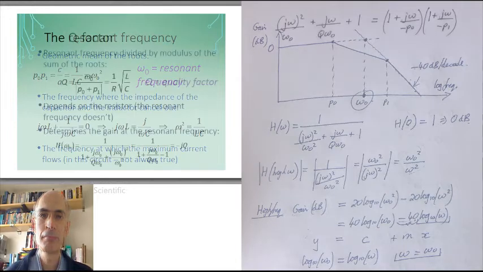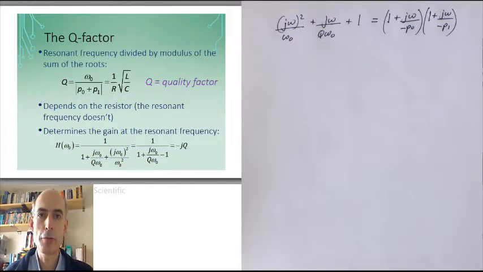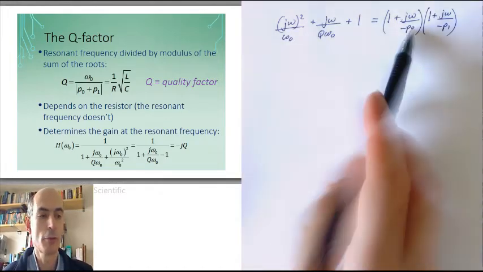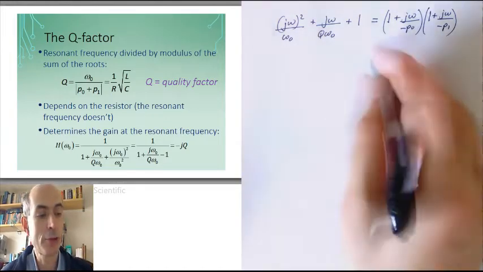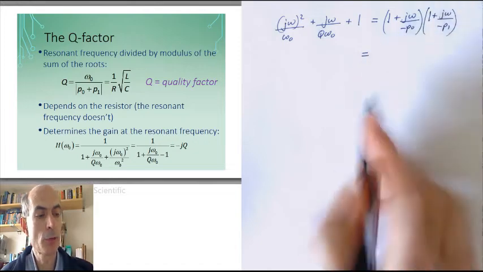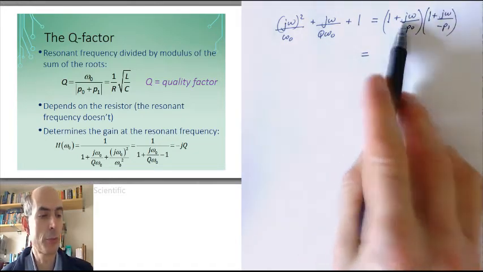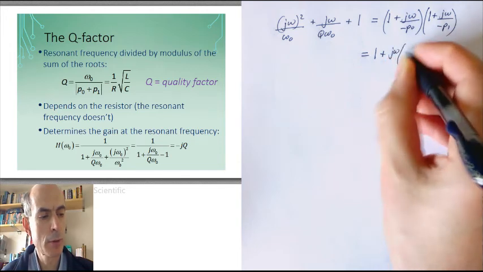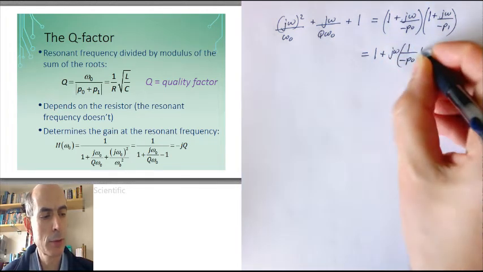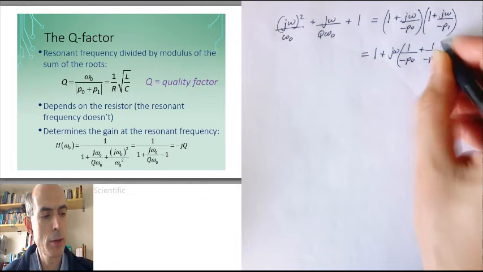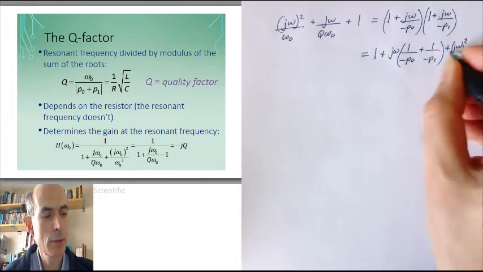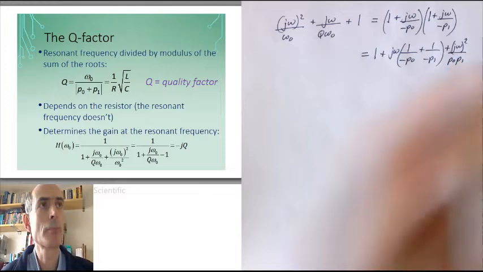And that's what makes it a useful parameter to know if you're trying to sketch the frequency response. What about the Q factor? Well, we can express the Q factor in terms of the poles by using a similar technique, multiplying out this form of the standard expression and getting 1 plus j omega (1 over minus p0 plus 1 over minus p1) plus j omega squared over p0 p1.